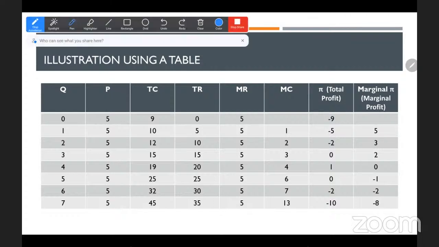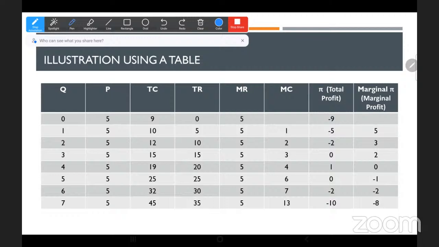So what else do we know? We know the total cost; here there is a total cost column. This one is for 0. Why is the quantity 0 but the total cost is 9? What does that mean? There is a fixed cost, correct.